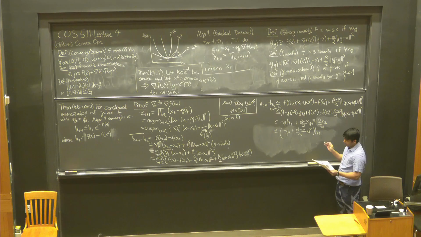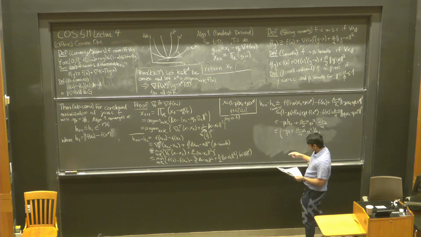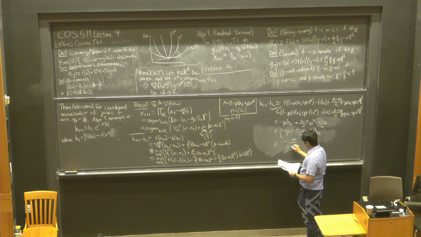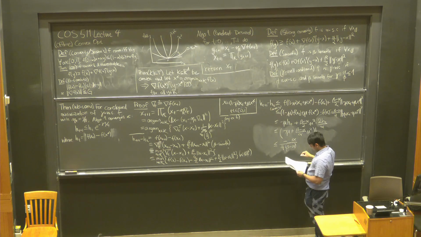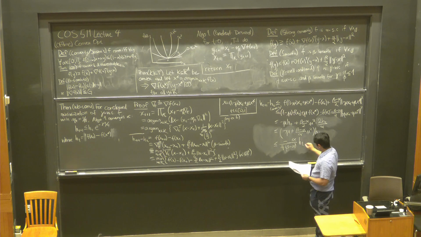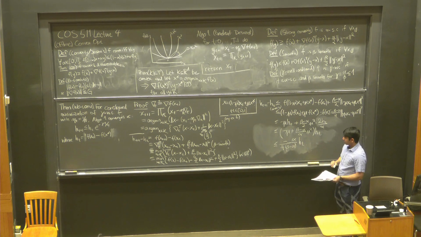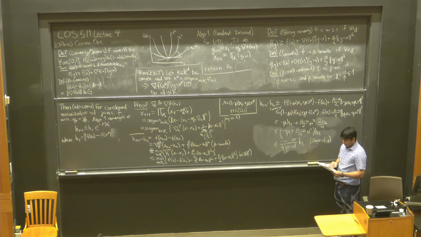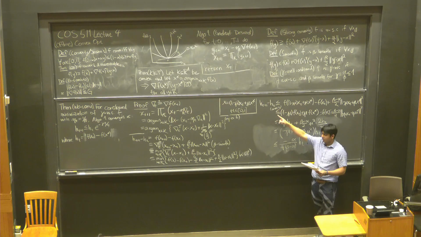I'll just tell you what the minimum is. But I'm sure you could do it on your own. So this will be negative alpha over beta minus alpha ht. Oof, okay. So this was choice of mu. Okay. All right, so now we know that the difference is at most this.